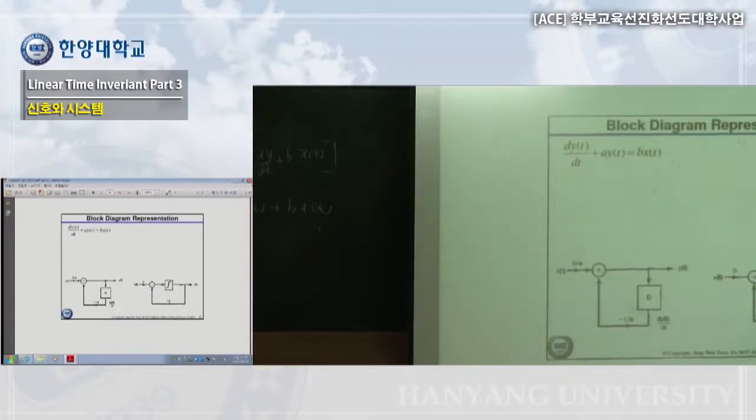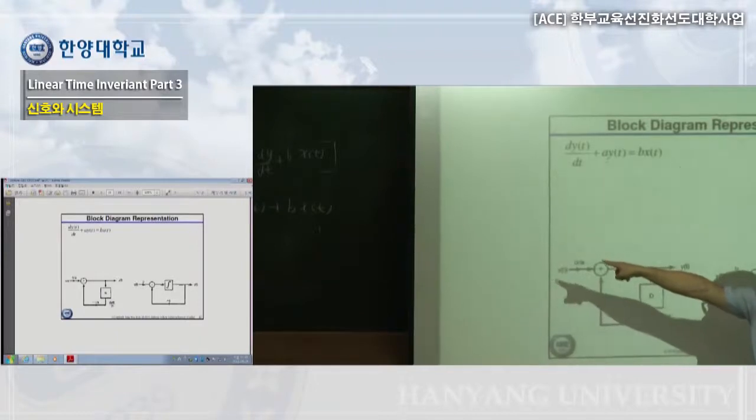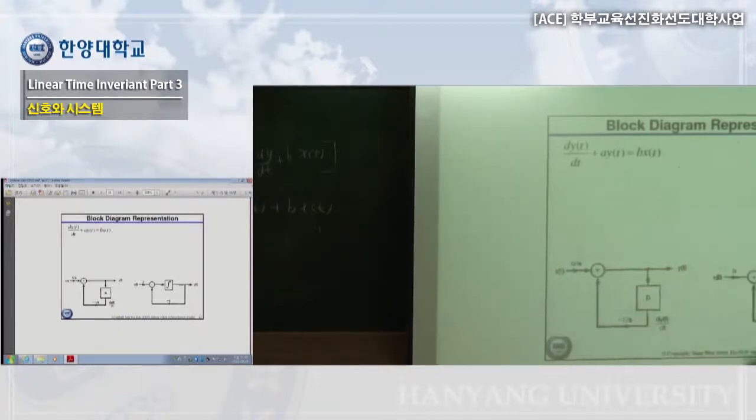At this point is dy dt. To get it, we need the multiplication of x, which is the right term on the board. To get the left one, we need to have minus a times y. We add them together, and then this point is dy dt, the differential of y. And then we add the integration part to get y.